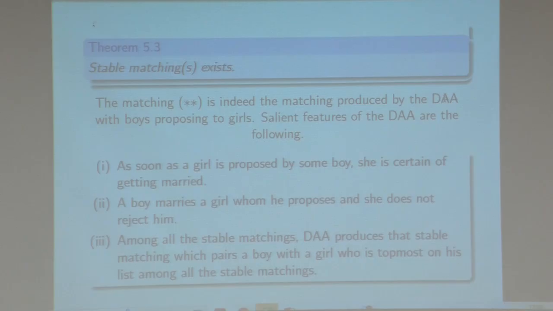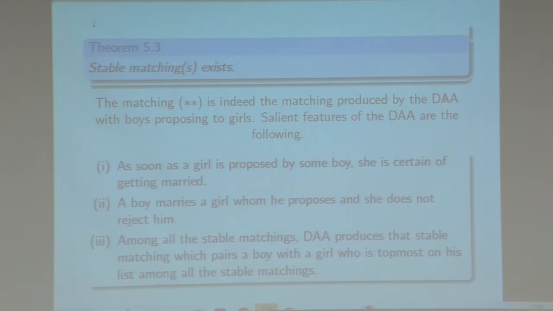So there will be multiple rounds. That's quite correct. If there are n boys and n girls, there could be as many as n squared rounds. One can create such situations. It's also quite well studied mathematically now. There's a matroid that one can get on this, and so on. Is that clear?